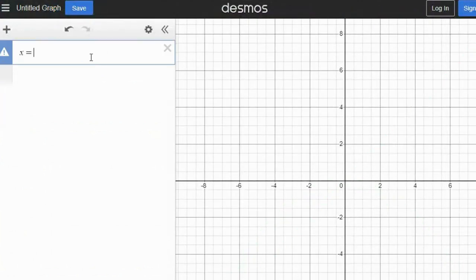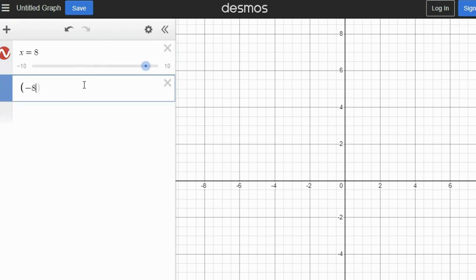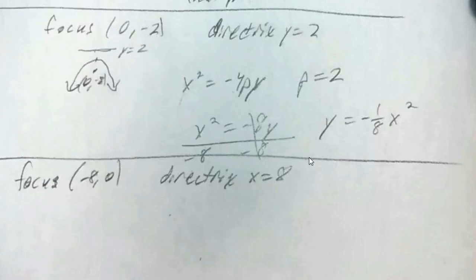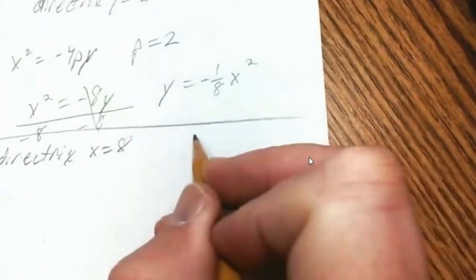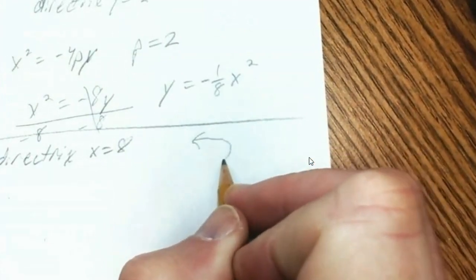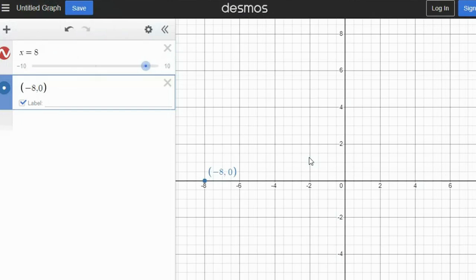The directrix is x equals 8, so it's an up and down line. The focus point is at -8, 0. So it's over here. So this is a left-facing parabola. So this one's going to look like this. And where is the vertex?